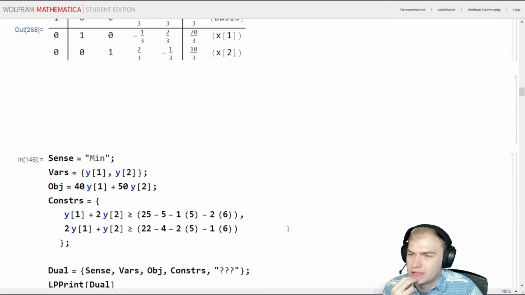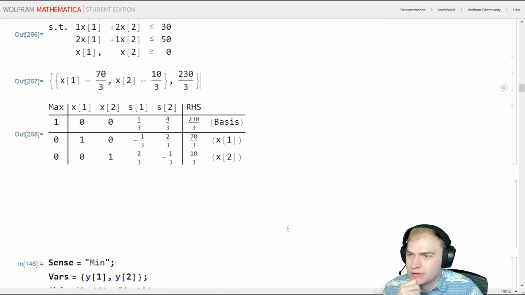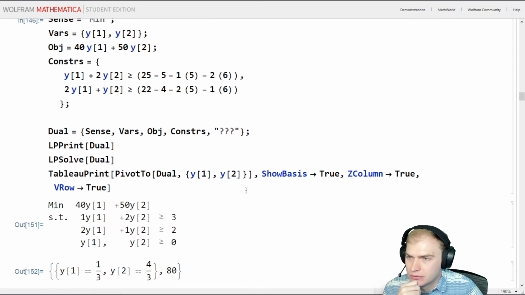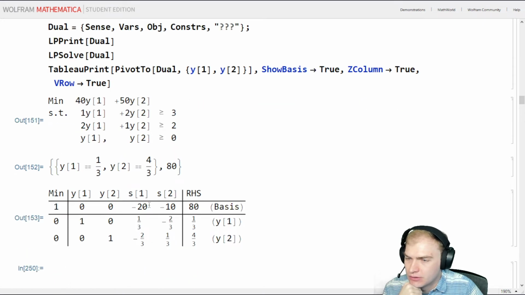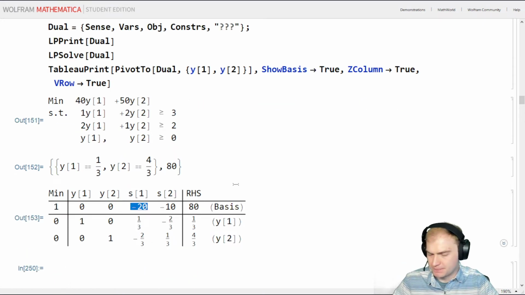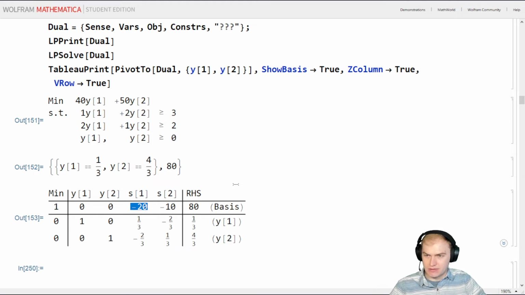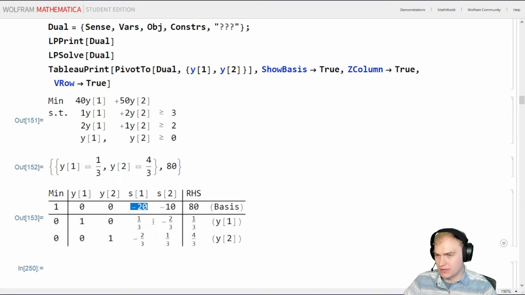And here I can tell you how we can see that in the dual. So here, this negative 20 is the reduced cost for constraint 2 or for constraint 1 in this dual function.